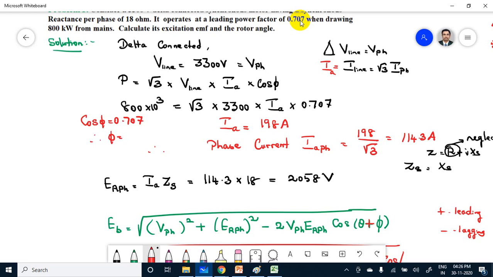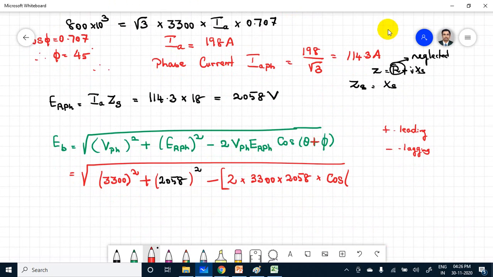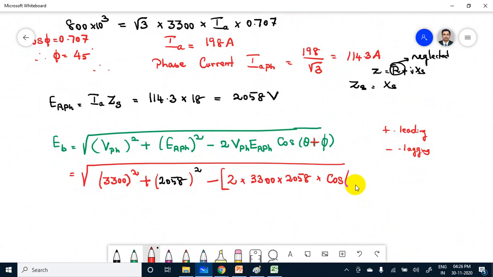How much does it come to? Cos inverse of 0.707, it comes to around 45 degrees. This value I have to add: cos of theta plus phi, where phi is 45 degrees.